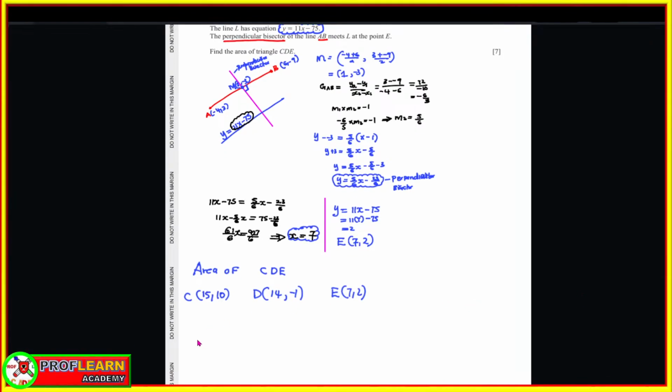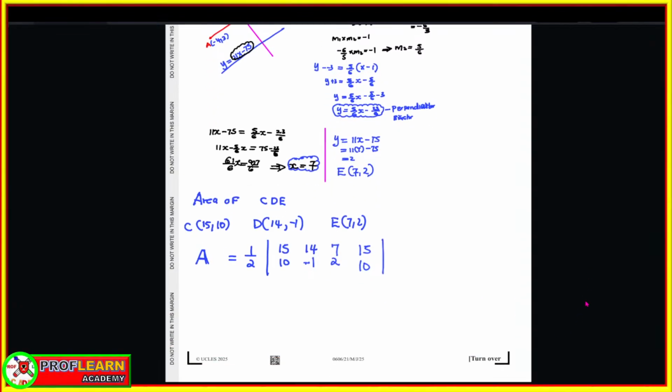Now, for us to find the area, we can use the shoelace method. And then we're going to say it is a half modulus of, we can start with C and say this is 15, 10. Then we write D, which is 14, -1. Then we write E, which is 7, 2. And then you have to cross this by saying 15, 10, the coordinate that you started with.